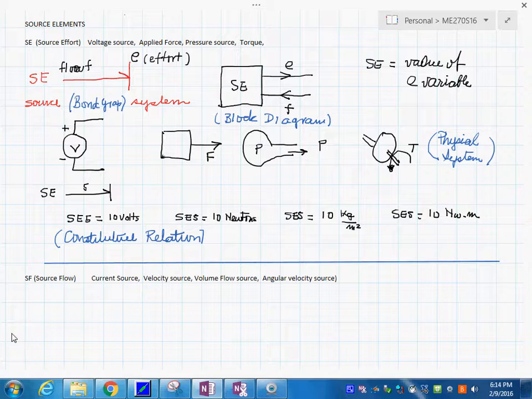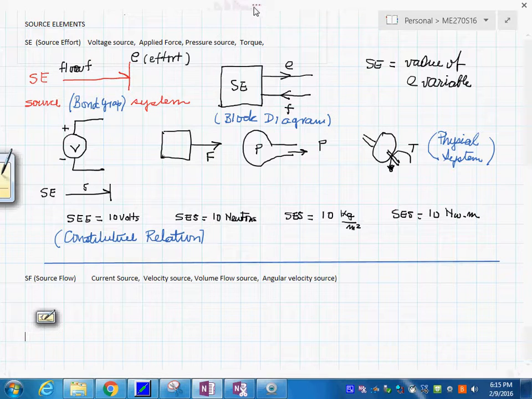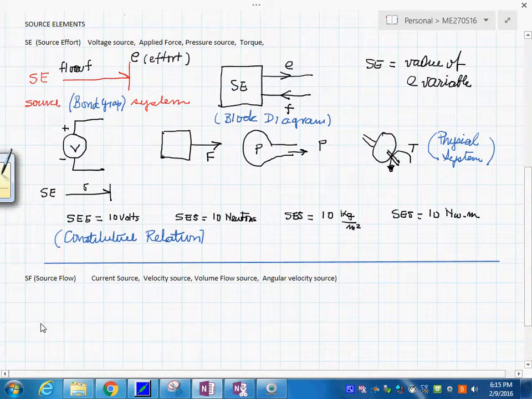So you see this is the source. I'm going to put source flow, and then obviously what comes out of this source is the flow variable, the F variable, the flow.